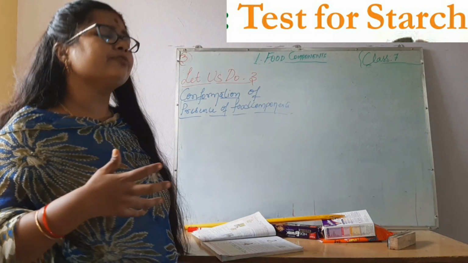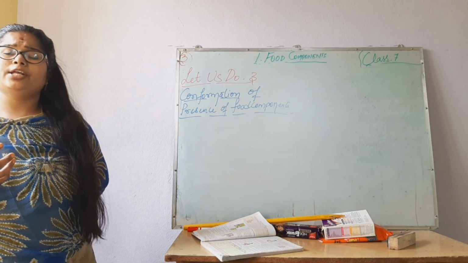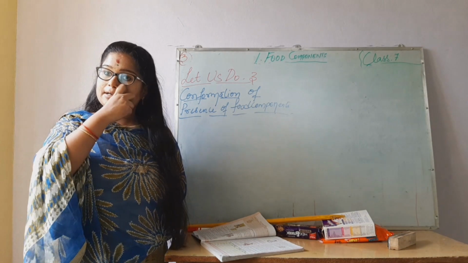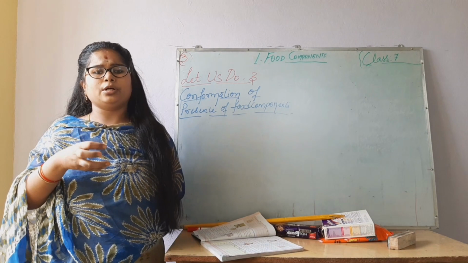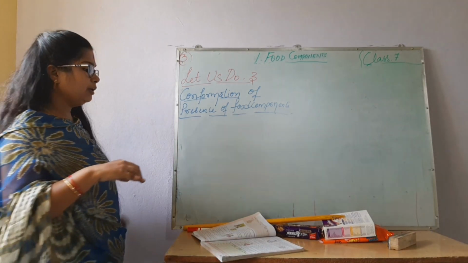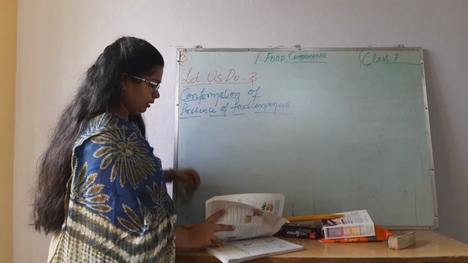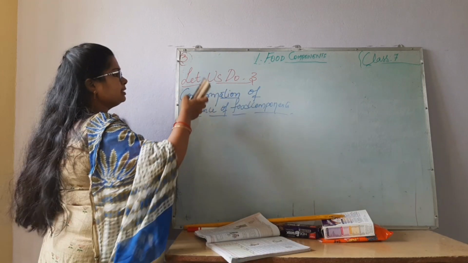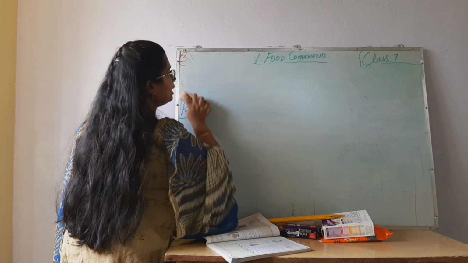See, you collect different types of food. You collect oil, rice, biscuits, curd, whatever you want. And we will test for what food components are there. Carbohydrates, proteins and fats are the main food components.